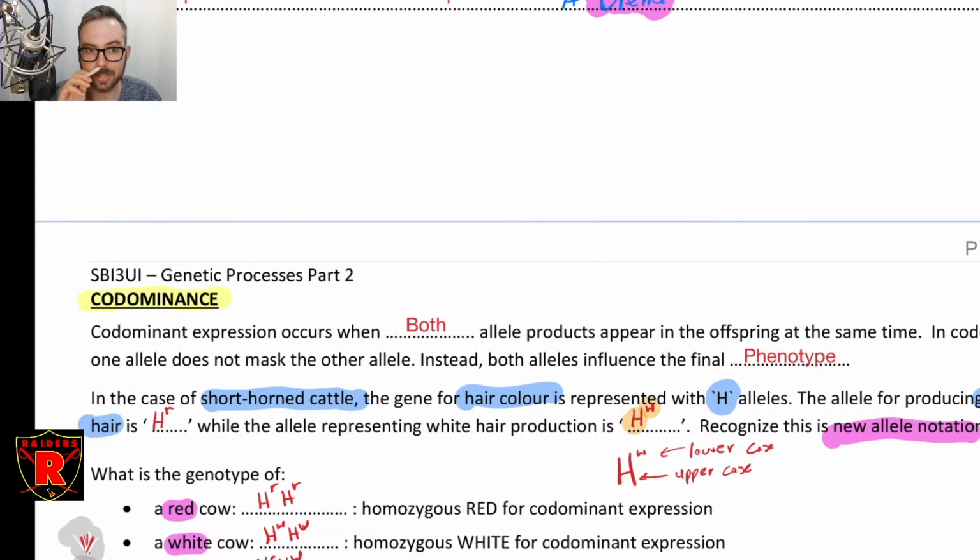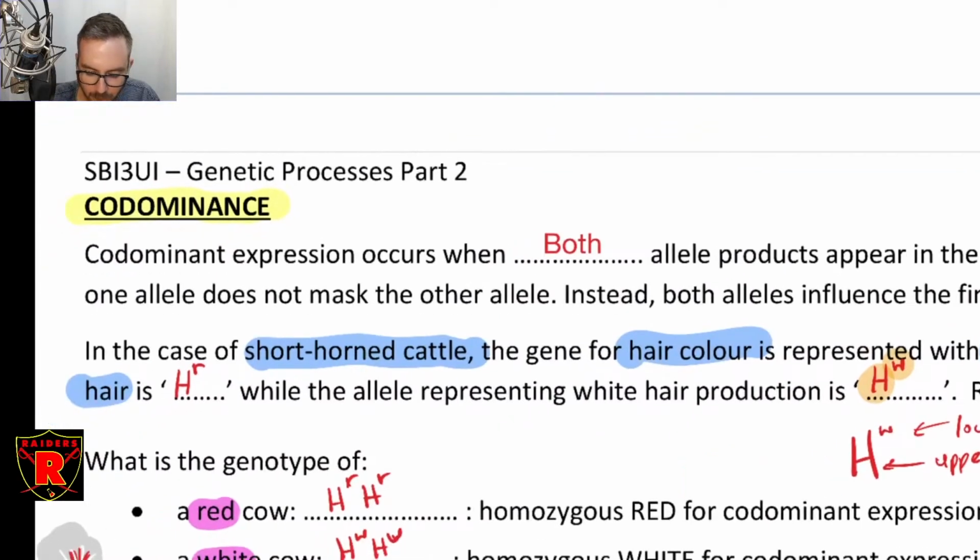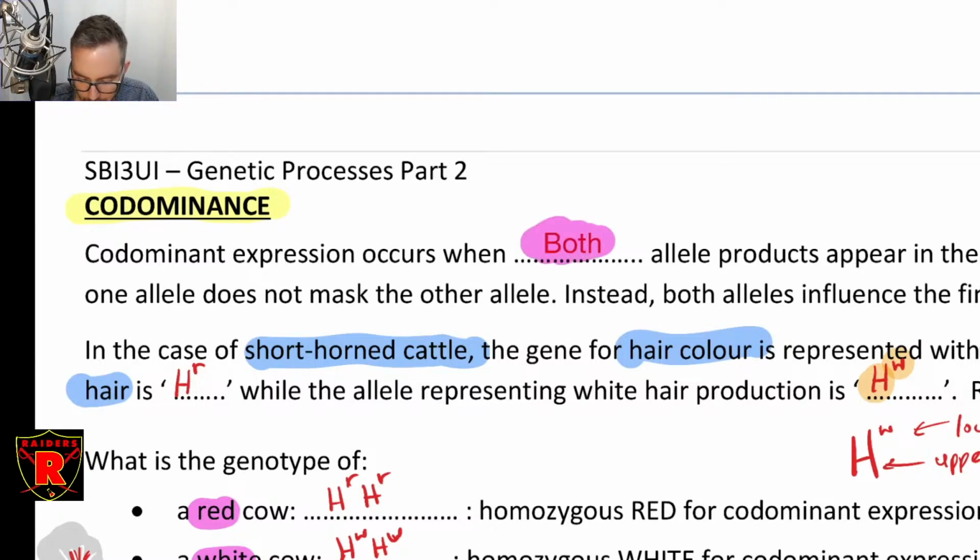So there is the homozygous phenotype for one allele, the homozygous phenotype for the other allele, and then when you have both, the hybrid. But the key is that in the heterozygote, instead of getting a blend of the two traits, what you get is both of the two traits.